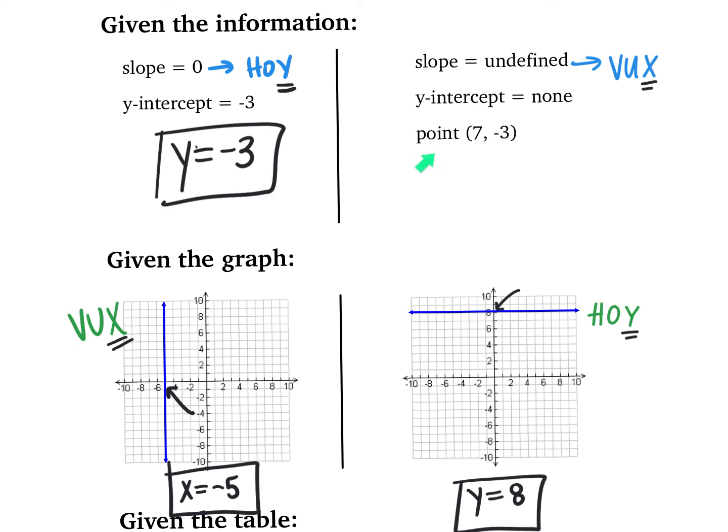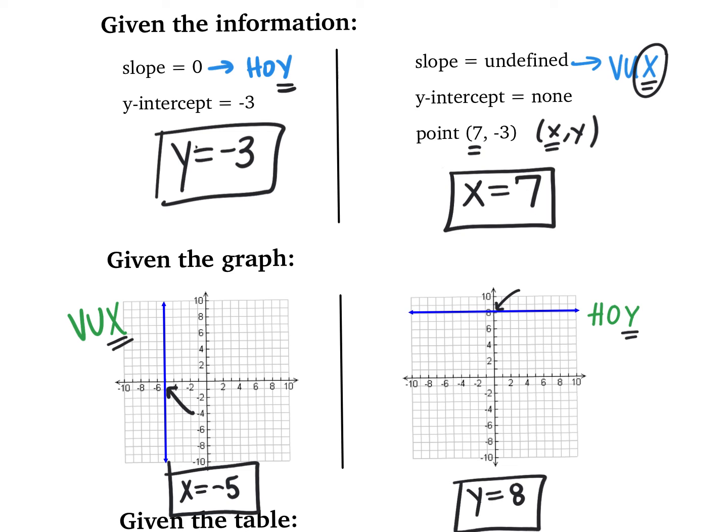So it has to give you more information, and you can see that it gives you a point that the graph passes through. If we think about points, points are listed as an x value and a y value. So for an undefined slope, that's a vertical line with an x value. So I'm going to pull the x value from that point. So this would be the equation x equals 7, coming from that x value.